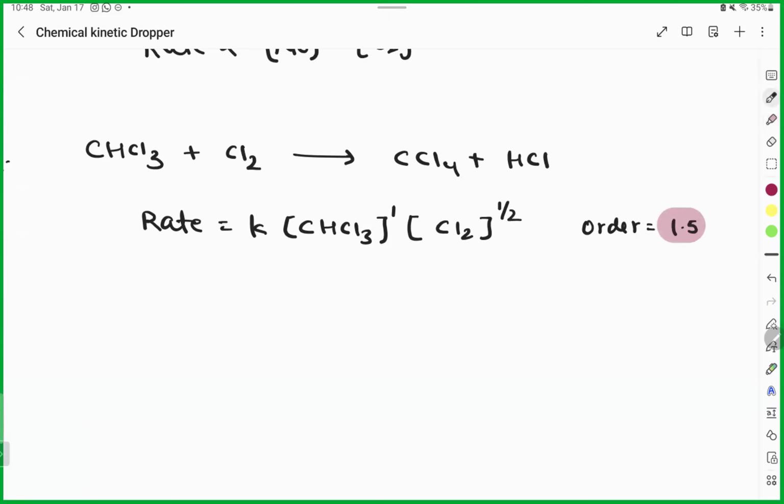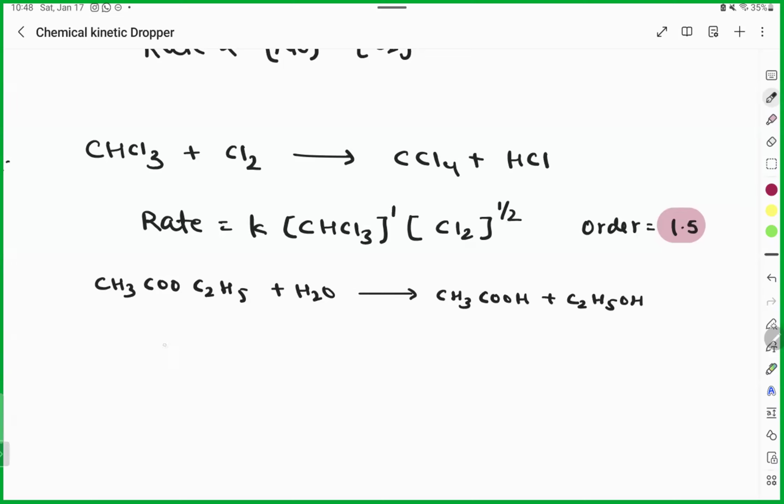Same way, if you take this equation, CH3COOC2H5, when it reacts with water in excess of water, what will happen? This is CH3COOH plus C2H5OH.